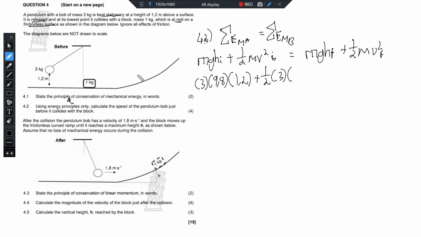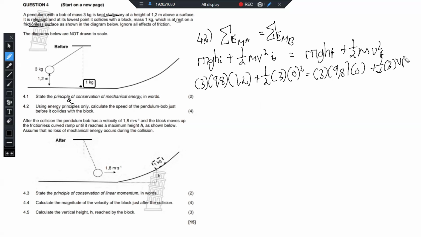And then velocity initially, remember they said this was kept stationary and then it was released. So that means the velocity initially was 0. Then here we have 3 and then 9.8. The height finally, obviously, when it reaches this point, will be 0. And then plus half, our mass is 3. Then what are we trying to calculate? The speed. So the velocity after, right?